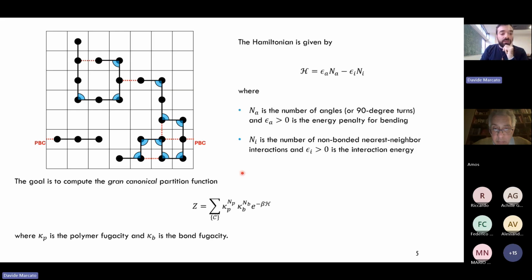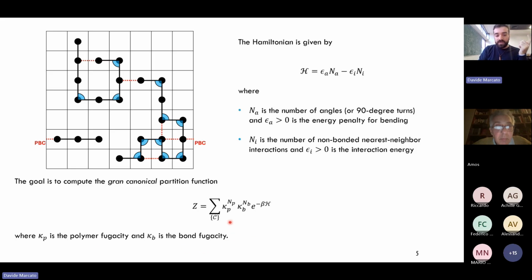And our goal is to compute the partition function, actually the grand canonical partition function, because we are in this ensemble in which the total number of chains and the total number of bonds are not fixed. So here we have to compute this Z, which is the sum over all possible configurations. And here we introduce two additional parameters, kappa P and kappa B, which are respectively the polymer fugacity and the bond fugacity.